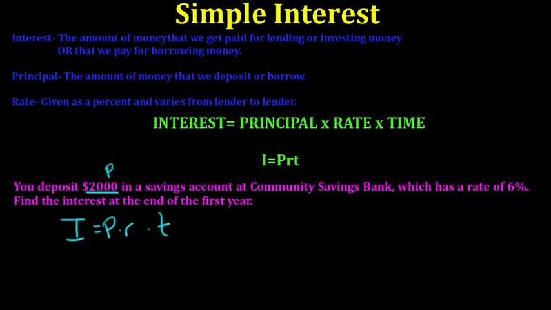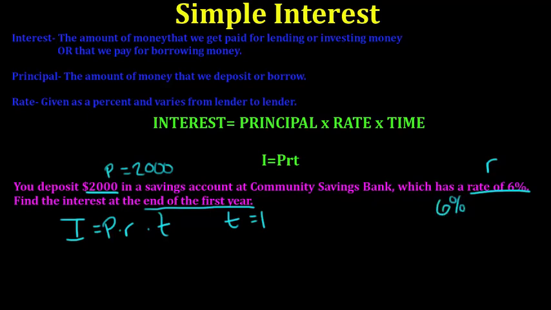And then the rate, 6%, so R. And the time is at the end of the first year. So time is going to be 1, P is going to be 2,000, and rate is going to be 6%.